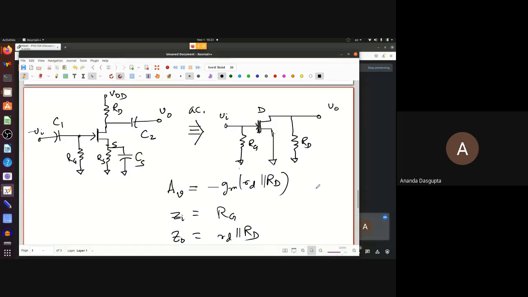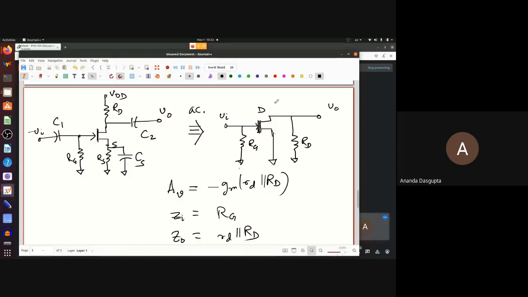I'm just looking at this circuit and seeing what its AC equivalent is going to be, not the FET small signal equivalent. I'm just doing the AC analysis for this circuit. I have still kept the FET inside. Then I will replace the FET by its small signal equivalent circuit with gmVGS parallel to rd and so on. And then I will do the calculation all over again.